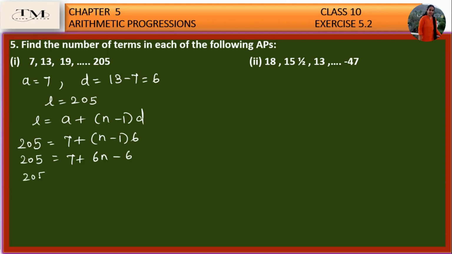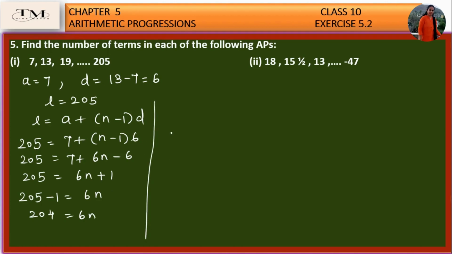So 7 plus n into 6, 6n minus 6, equal to 205. So 205 equal to 6n, and the constant value 7 minus 6 is plus 1. Bringing this 1 to the other side, it will become minus 1, so 205 minus 1 is 204 equal to 6n.